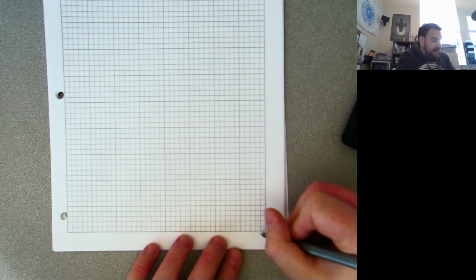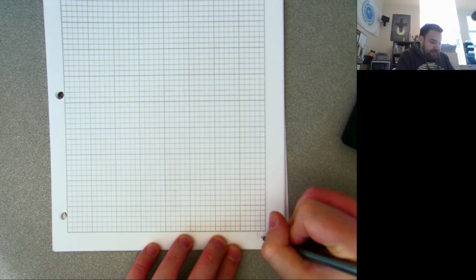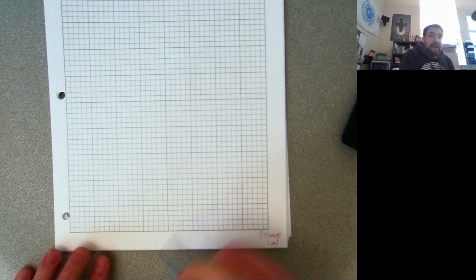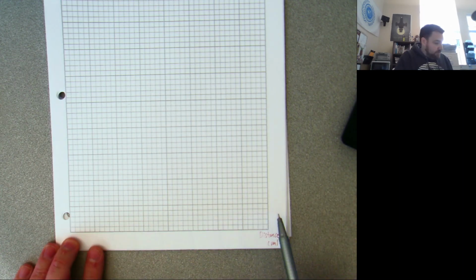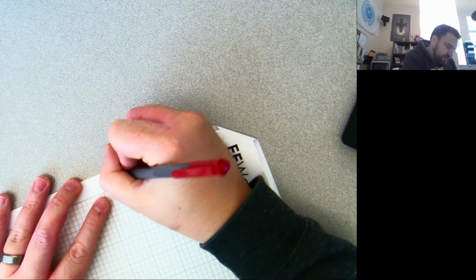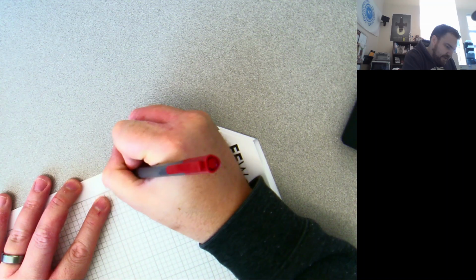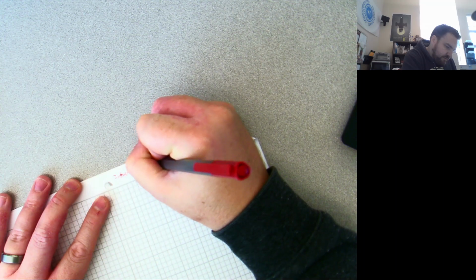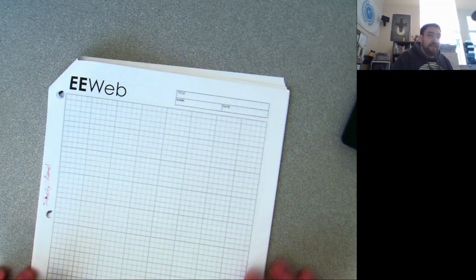So intensity is dependent on distance. So I'm going to throw distance down here. My distance in meters is going to go on my x-axis down here. And I'm going to put intensity over here. Intensity in lumens. I don't know why I did the curvy L, but I did.